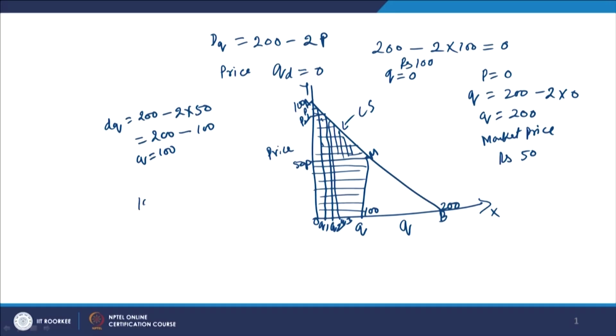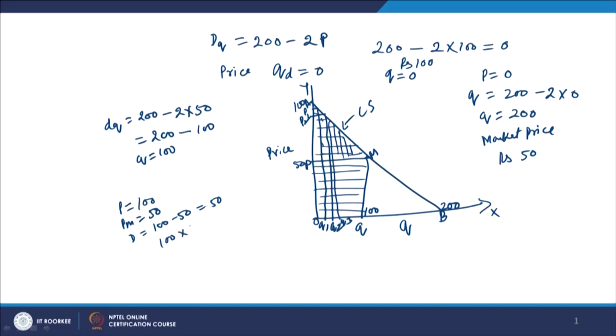We can know how much the consumer surplus will be when the market price is P. So, the difference here is: the maximum price the consumer is willing to pay for 0 quantity is P equal to 100, and the actual market price is 50. So, the difference is 100 minus 50 equal to 50. Now the consumer is consuming 100 units.